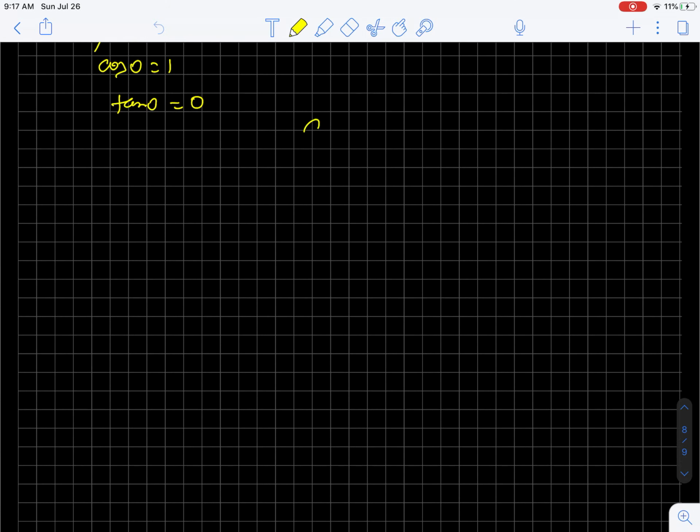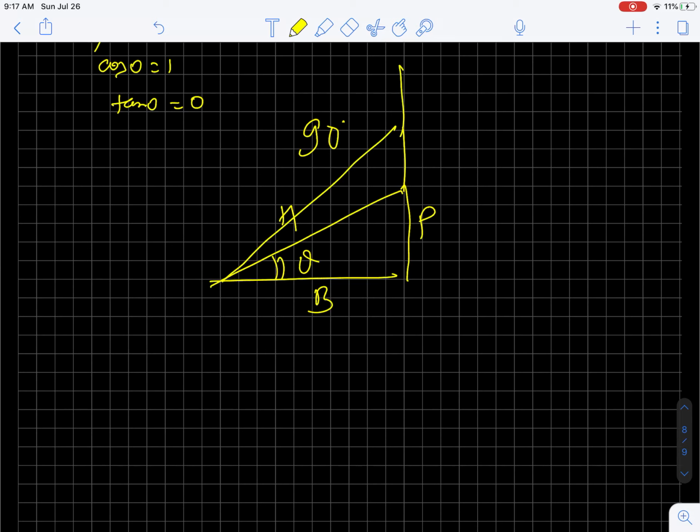Similarly, we can find the values at 90 degrees. If I make a triangle, this is your perpendicular, base, and hypotenuse. How can we make a large angle theta? Increase p. As you increase the value of p, theta is increasing. Now write sin theta is equal to p divided by h, perpendicular divided by hypotenuse.